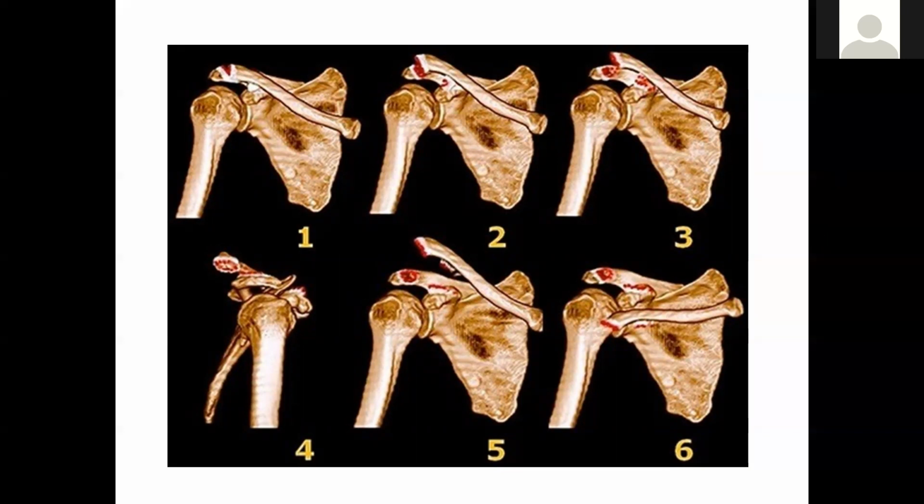So a grade 1 is just a minor sprain, partial separation of the AC joint itself. Grade 2, a little bit more severe. We've got partial separation of not only the AC ligament, but also the coracoclavicular ligament. Grade 3, we've got ruptures on both. So there is a displacement of the clavicle, typically going superior to the acromion.